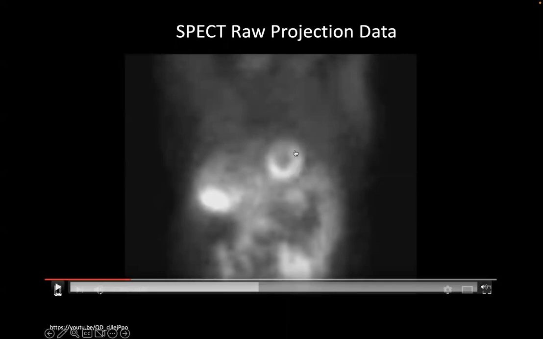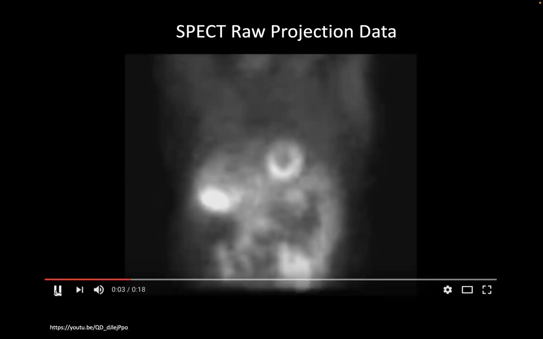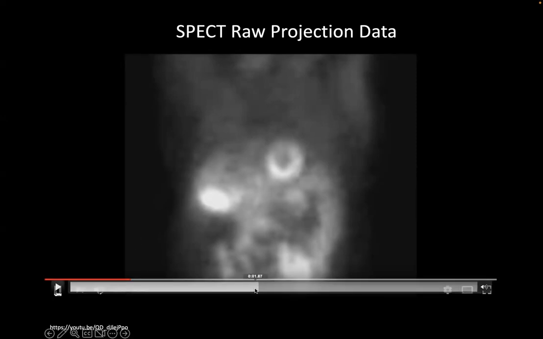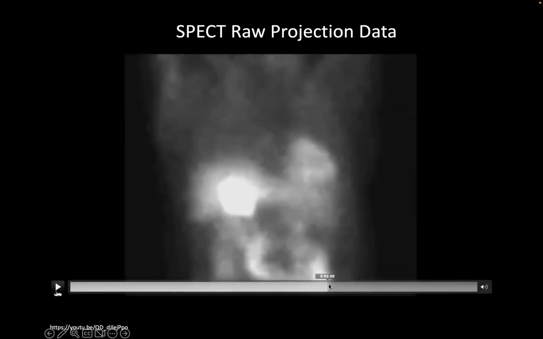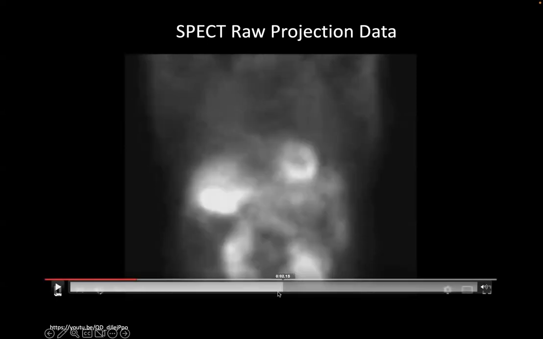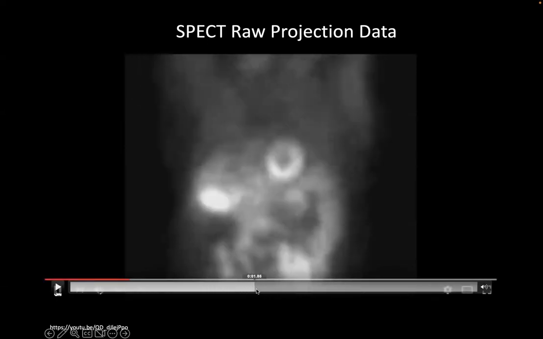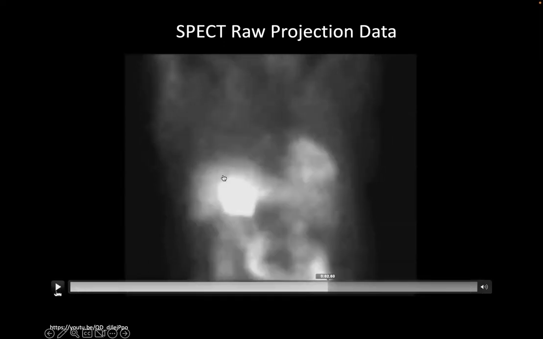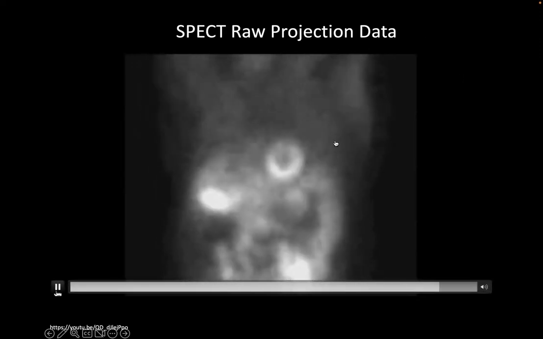It looks like there's less signal up here than down here, so there may be some kind of attenuation up here. But when we say it's dark, that could be from overlying structures as well. We don't know until we do the three-dimensional reconstruction whether that darkness is from the myocardium or from overlying structures. But that's the raw data at different angular projections.